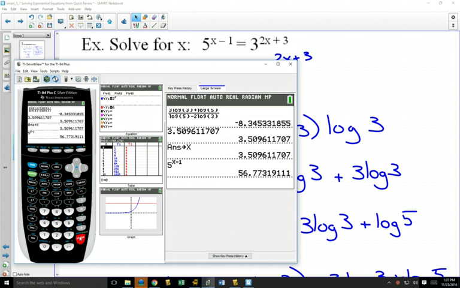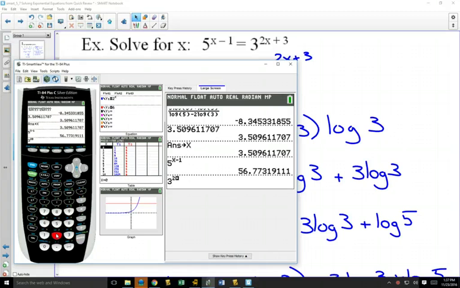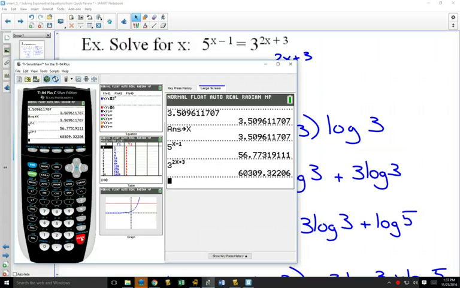When I go to the right-hand side of my equation, I say, well, what's 3 to the power 2x plus 3? And I notice, hey, wait a minute, these answers should be the same. Because my original equation was 5 to the power x minus 1 should equal 3 to the power 2x plus 3. And they don't match.